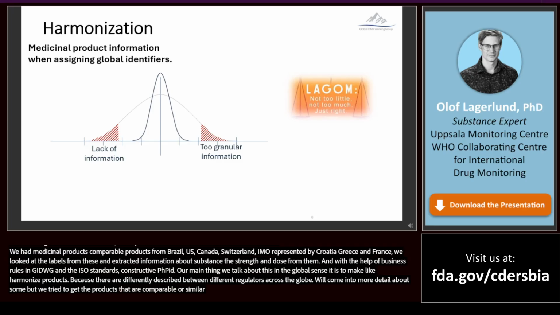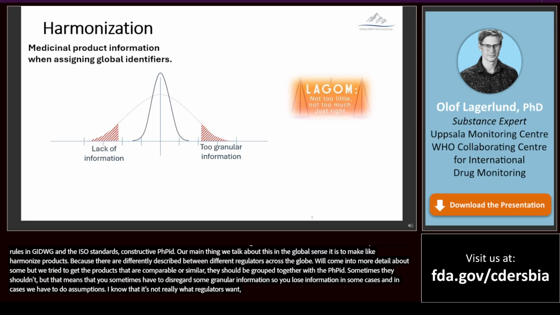And sometimes they shouldn't be. That means you sometimes have to disregard some granular information, so you lose some information in some cases. And in some cases, you actually need to make some assumptions. I know that's not really what regulators want, and neither do we, but sometimes it's necessary.